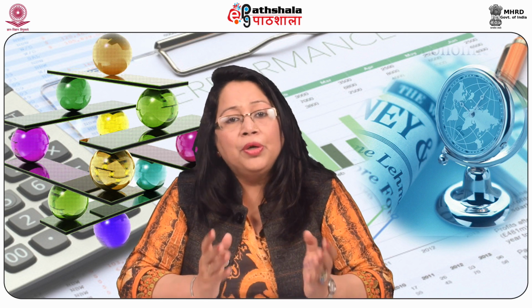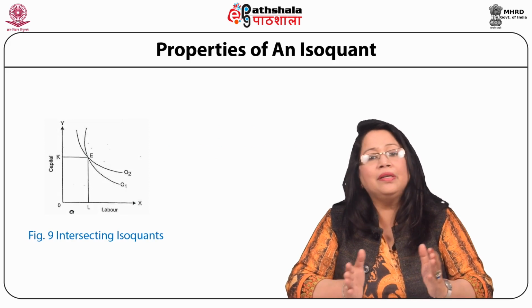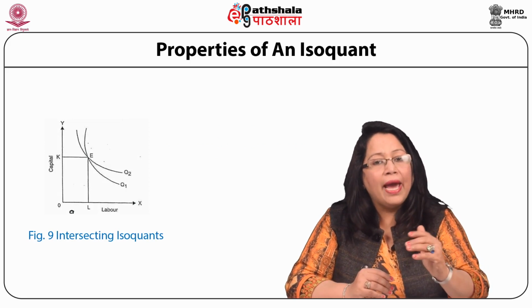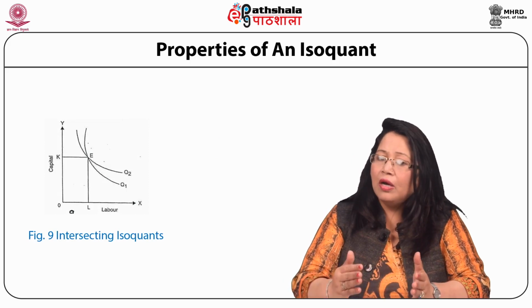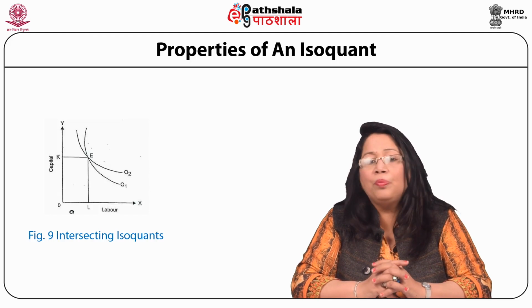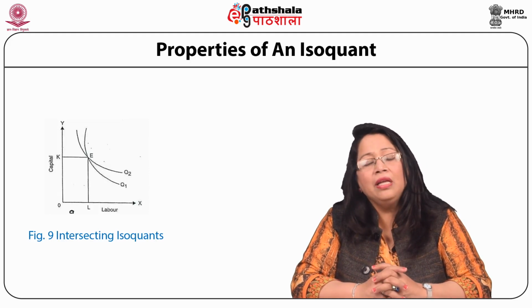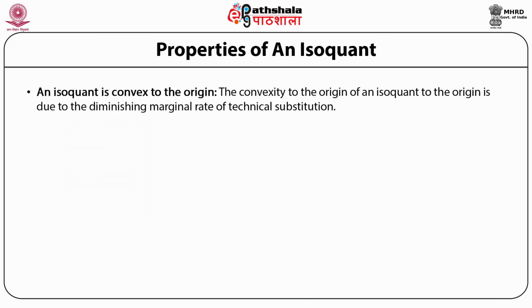How can the same input combination produce two different levels of output, techniques of production remaining unchanged? As shown in figure 9, the labor-capital combination OL and OK can provide either Q1 or Q2 level of output, which is not possible by the definition of an isoquant.